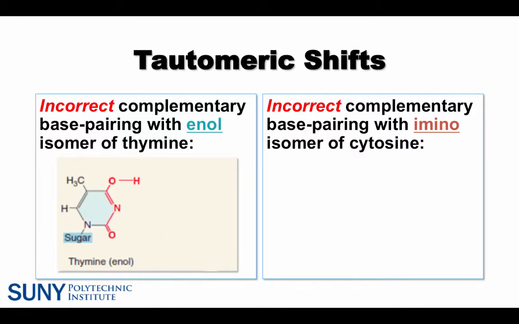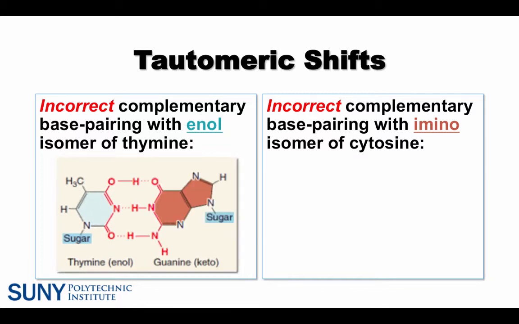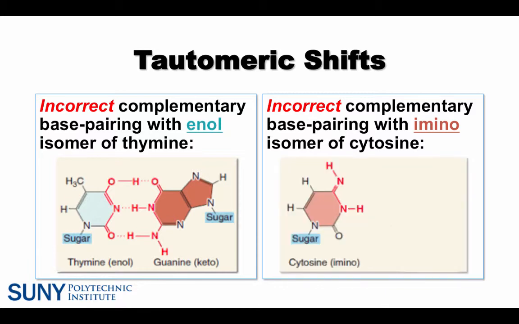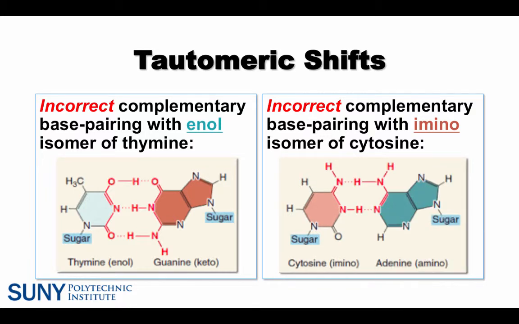So here we see incorrect complementary base pairing with the enol isomer of thymine results in thymine being erroneously base paired with guanine. And then the amino isomer of cytosine results in incorrect complementary base pairing with adenine. All right. And notice both guanine and adenine are in their normal keto and amino isomeric forms.